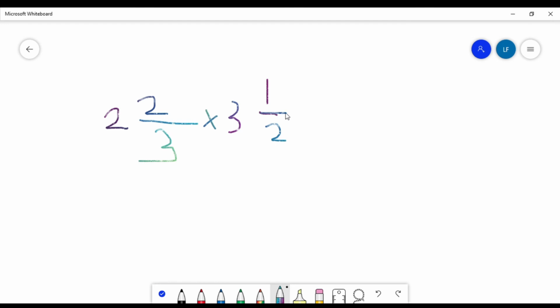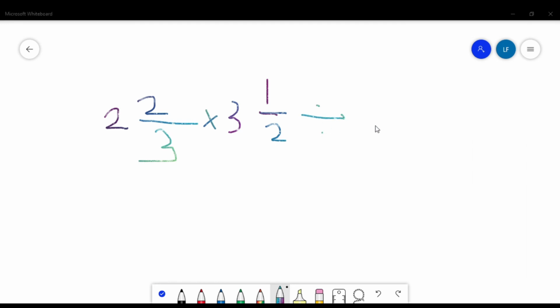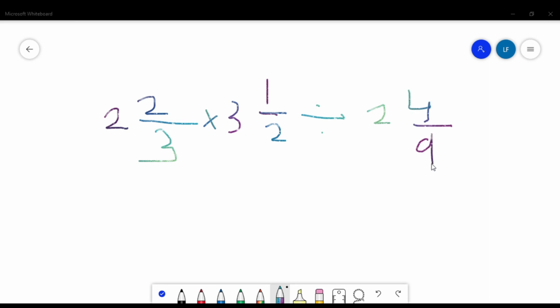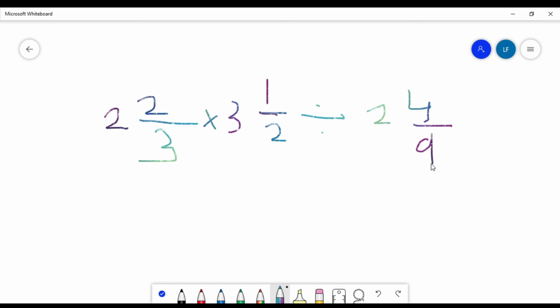Which is divided by 2 4 by 9. And also some of the BODMAS sums will not always have brackets.